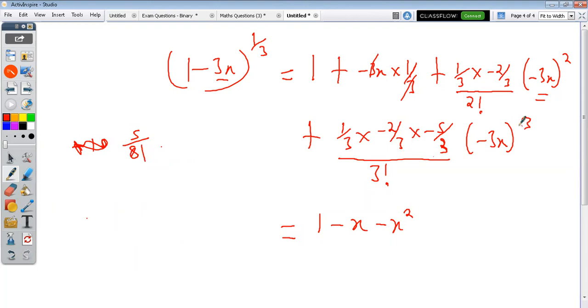Then multiply that. If you cube this here, you get minus 27x cubed. So what is 5 over 81 times minus 27? It's negative what? Negative 5 over 3. Yeah, done.